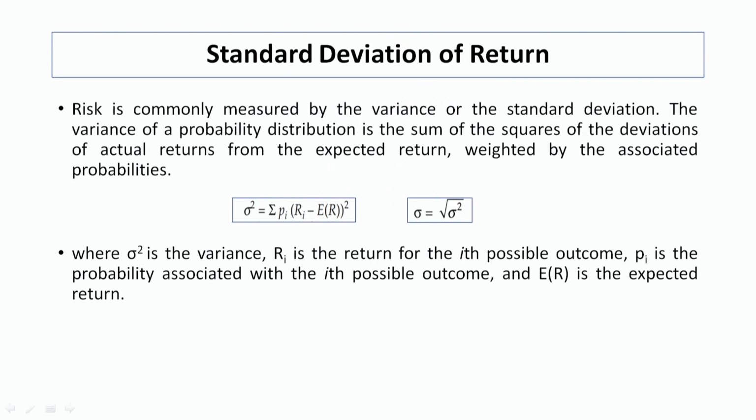Standard deviation of the return. Now when we are talking about expected return, we have to consider the expected risk also, or we have to calculate the expected risk of the series. Risk is commonly measured by the variance or standard deviation, which we considered in the historical case also. In case of a normal series, that is for historical data, the calculation is quite easy.